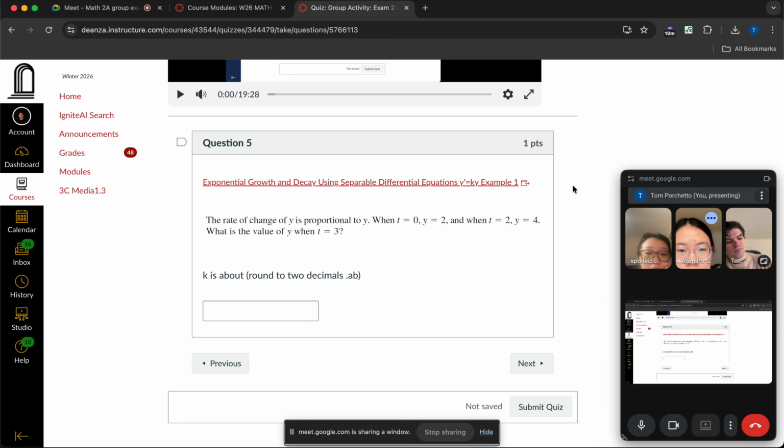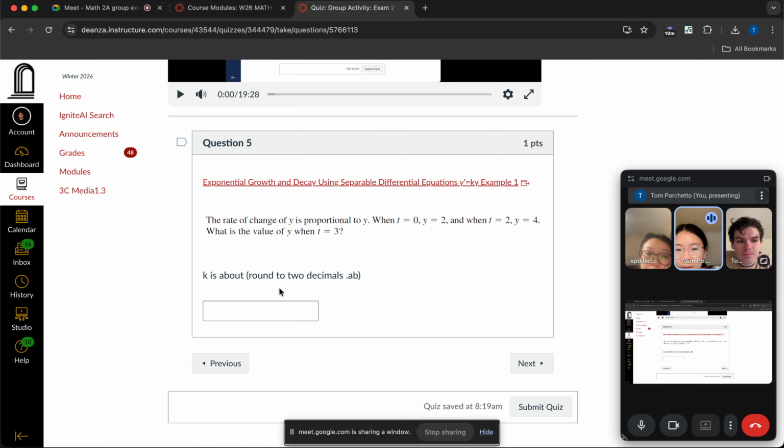In 5, we're trying to find the k. Here, I can use the formula y of t is equal to y naught times e power kt, and then plug in the numbers since our initial value is 2, and substitute the point 2 comma 4: when t is equal to 2, y is equal to 4. From that, I would get 2 is equal to e power 2k, and then I take the natural log.